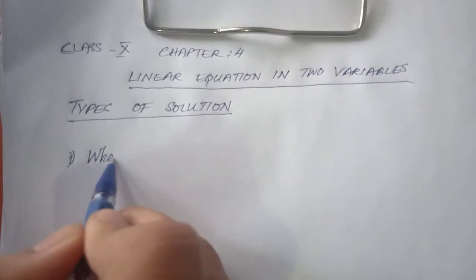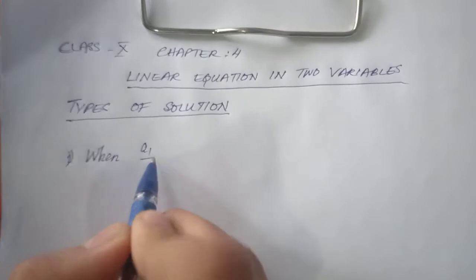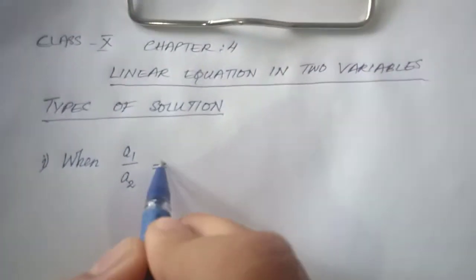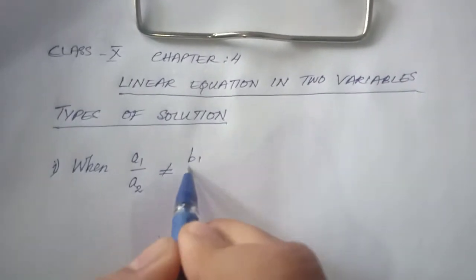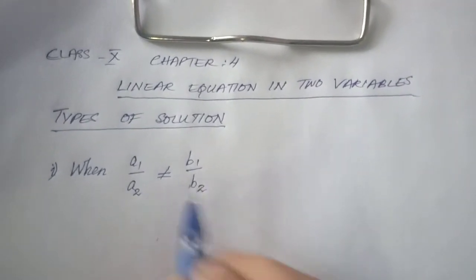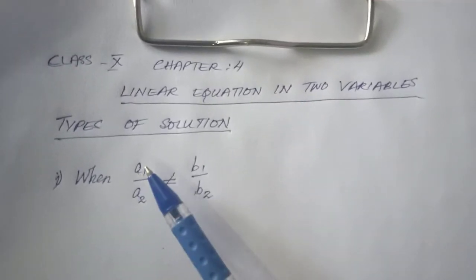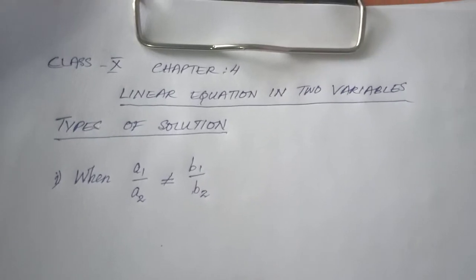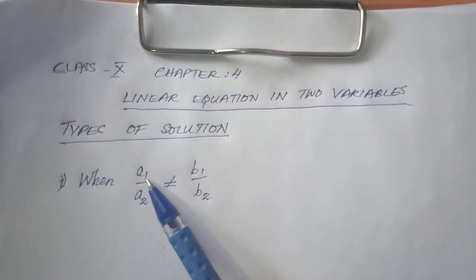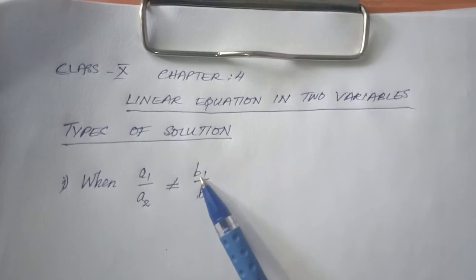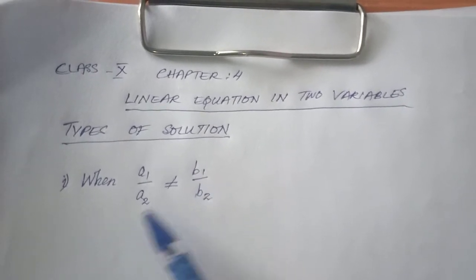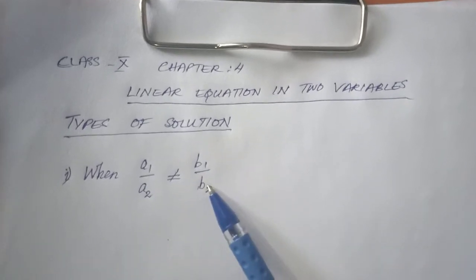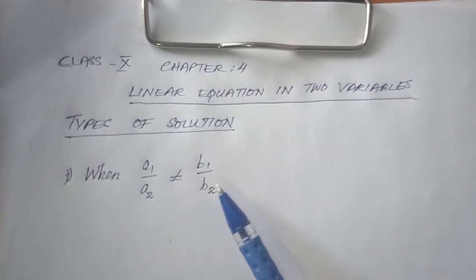when a1 by a2 is not equal to b1 by b2. We all know how to figure out what a1, a2, b1, b2 are in cross multiplication. a1 is the coefficient of x, b1 is the coefficient of y, a2 is the coefficient of x in the second equation, and b2 is the coefficient of y in the second equation.